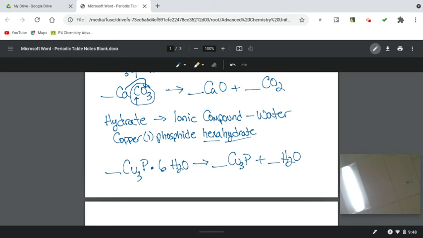So when you balance this, if you have one of the hydrate, you have one of the ionic compound, and then you're going to need however many waters you had in the hydrate. But you could have trihydrate, you could have tetrahydrate, you could have decahydrate. So you can take any one of those molecular prefixes and stick it on hydrate, and that tells you the number of waters in the hydrate.